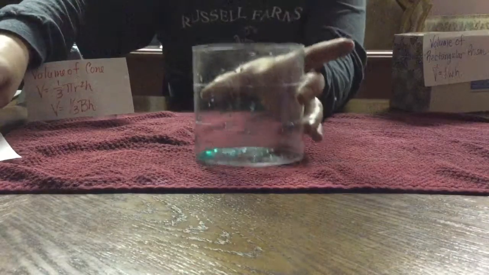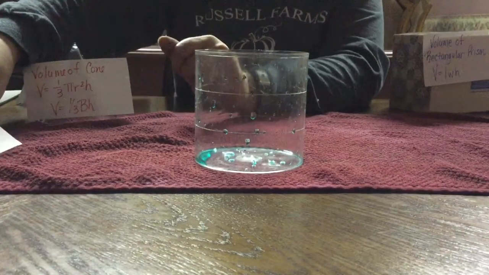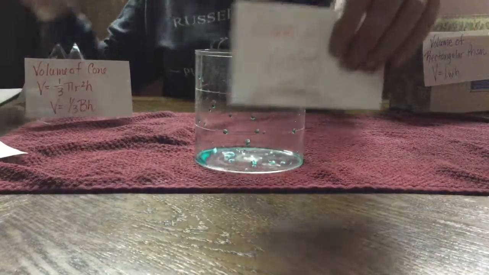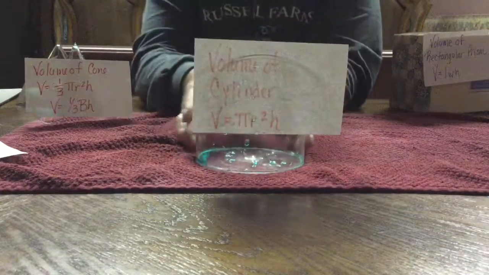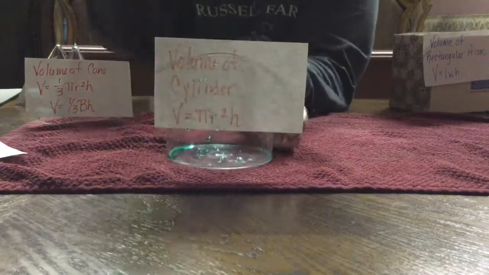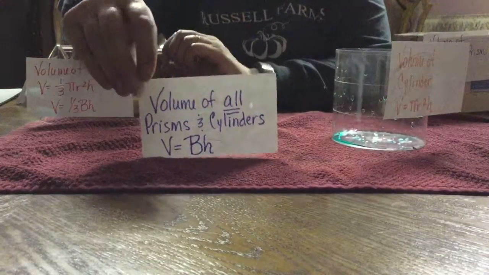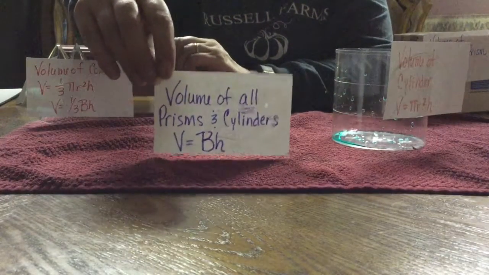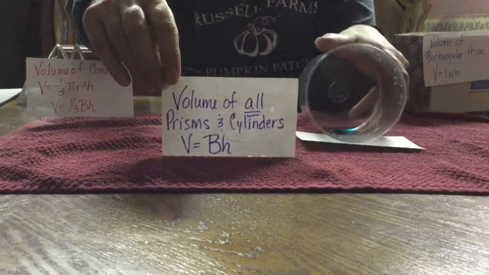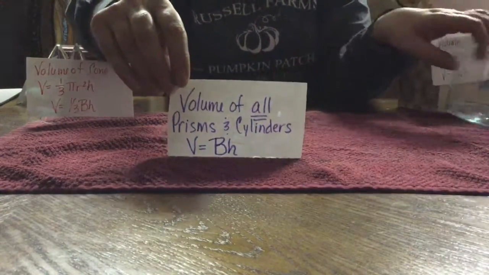I have a cylinder. Remember that the volume of a cylinder is the same thing as pi r squared times h, pi r squared being the area of the base. But remember, you could use the general formula, which says that the volume of all prisms and cylinders equals the area of the base, which is a circle, times the height.